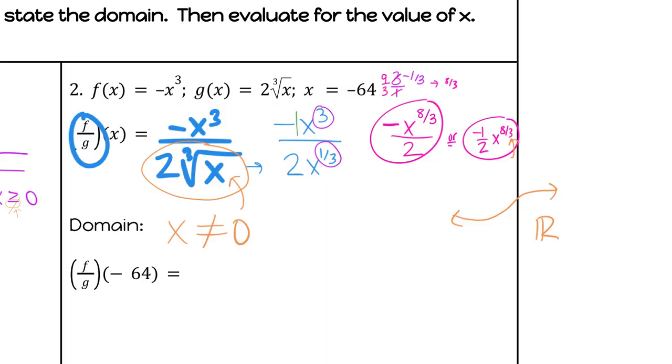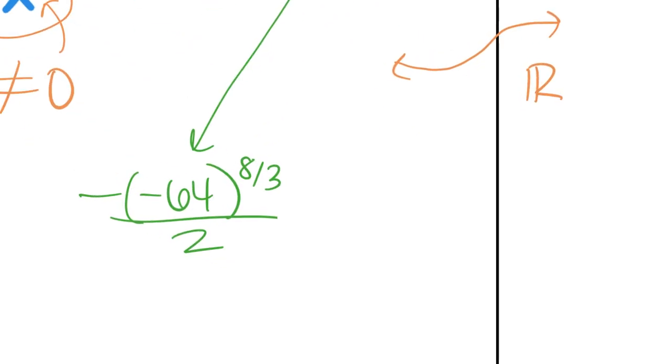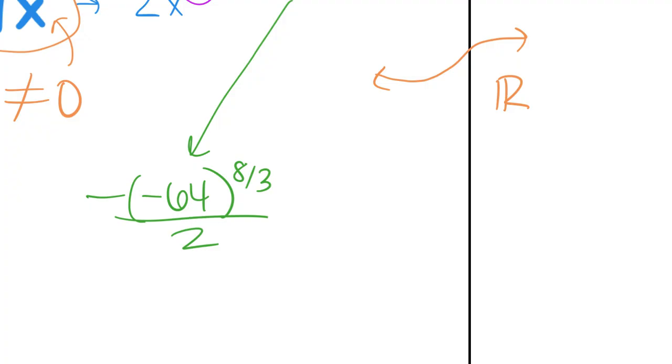And finally, we're going to plug in negative 64. I'm just going to use this one here. Negative 64 to the 8/3 all over 2. If you want to think of that as a root, that's the same thing as the cubed root of 64 to the 8th power.